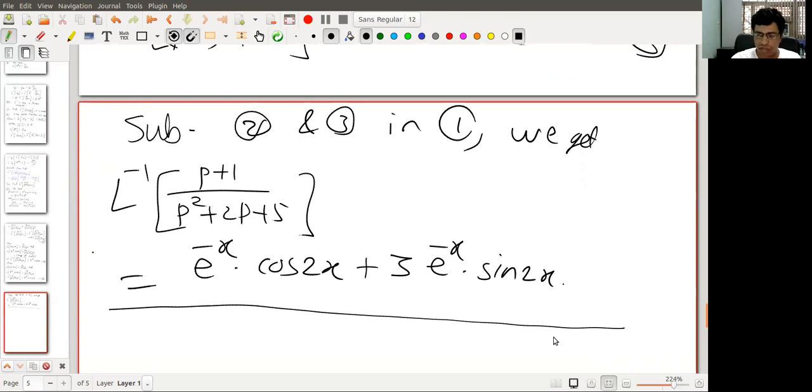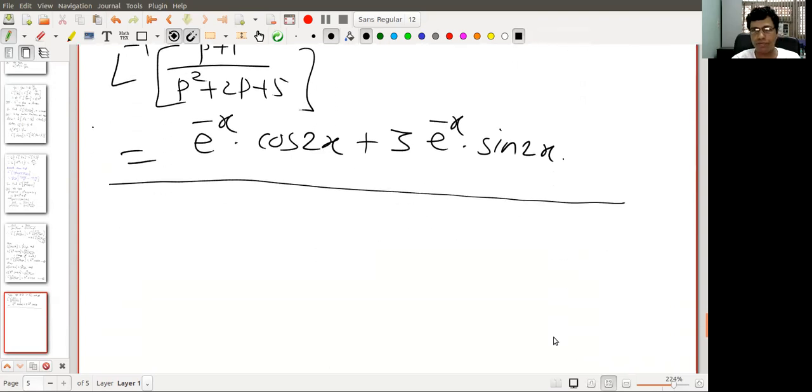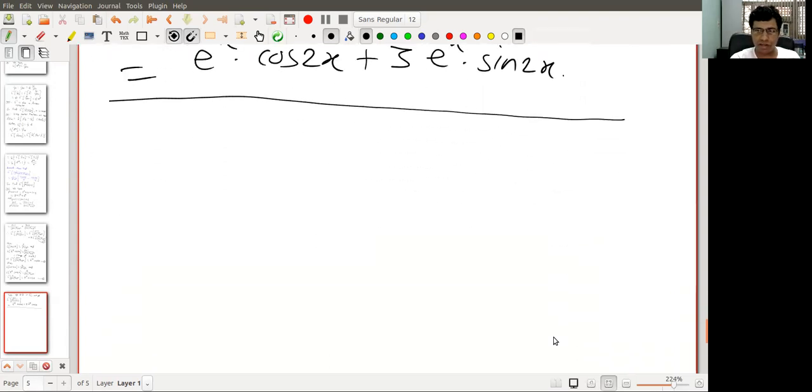We can use the convolution theorem to find inverse Laplace transform. Okay, so application of convolution theorem.